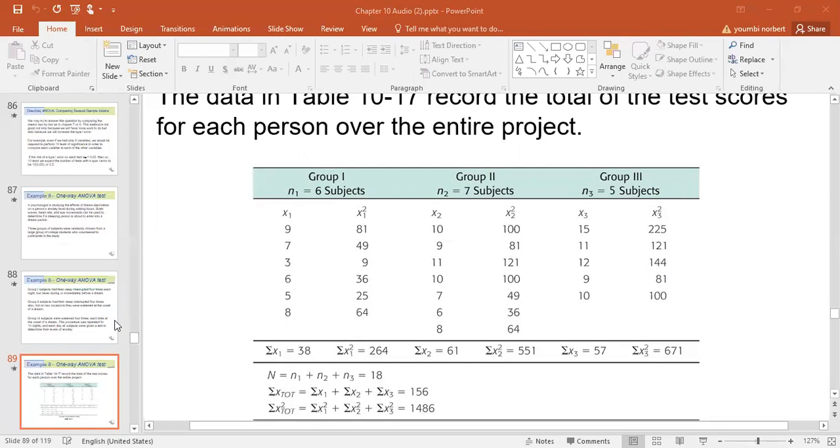Just X1. This one is working manually, so I don't have it separate. So ignore the square.